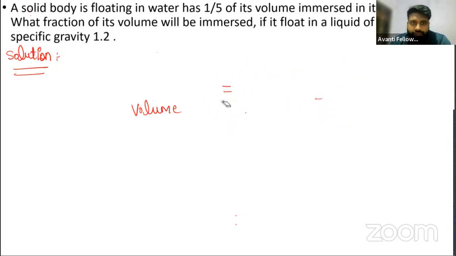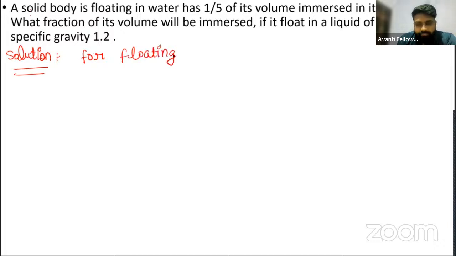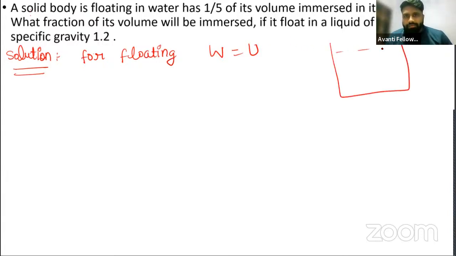It's V by 6 you are saying. Let's have a look. So we know that for floating, the weight should be equals to the upthrust. इसमें तो किसी को कोई डाउट नहीं. फ्लोटिंग की कंडीशन में लेट्स से दिस इज द कंटेनर. थोड़ा टिल्ट हो गया कंटेनर, बट यू कैन अज्यूम इट अ सीधा कंटेनर.